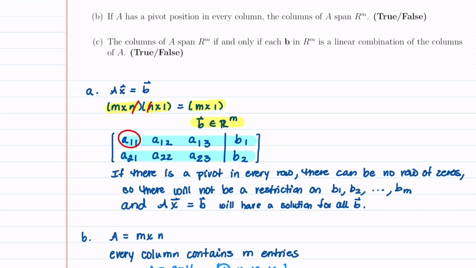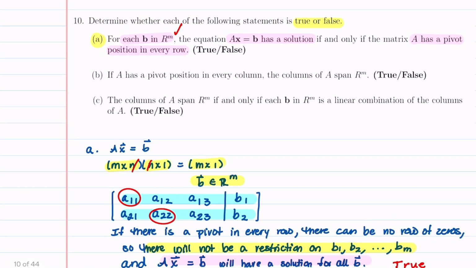If that happens, we have a pivot here, and we have a pivot here. This means that every row has a pivot, so we're going to have no restriction on b1, b2, b3, all the way up through bm. And because there's no restriction, we say that Ax is equal to b will have a solution for all b. So this statement is true.